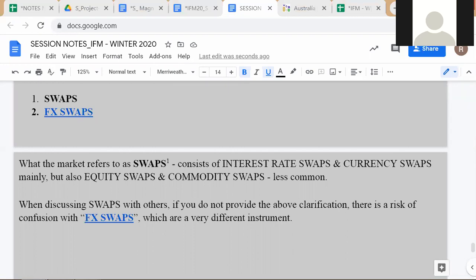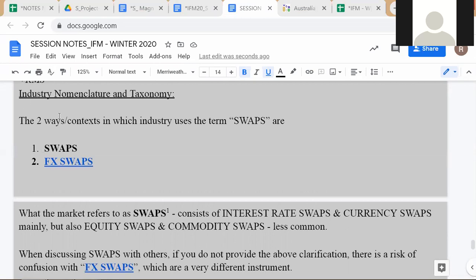First, what we are going to do initially is understand the structures of the products, because as you can see straight away, there are two different ways in which the industry uses the word swaps, and the two instruments are quite different from each other. So you have to be very careful about the terminology. Right now we are learning about the terminology and the different kinds of product structures.